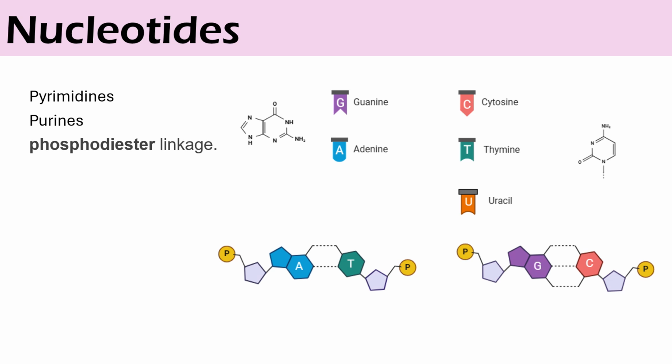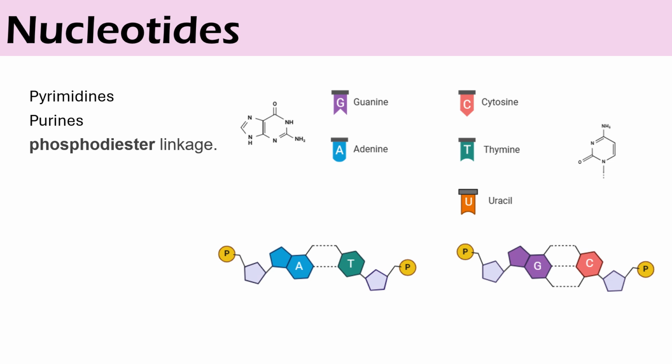Specifically, the phosphate group links the 3' hydroxyl group end of one sugar to the 5' end of another sugar. This linkage creates a repeating sugar-phosphate backbone with the nitrogenous bases attached to the sugars and extending outward.